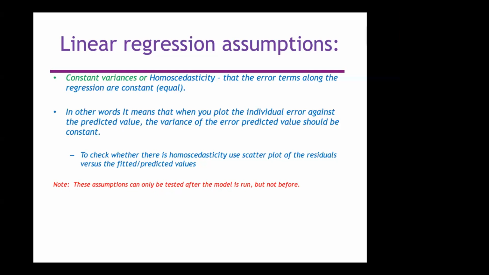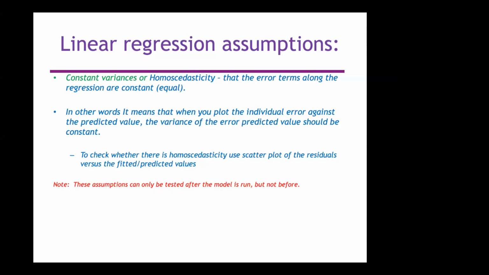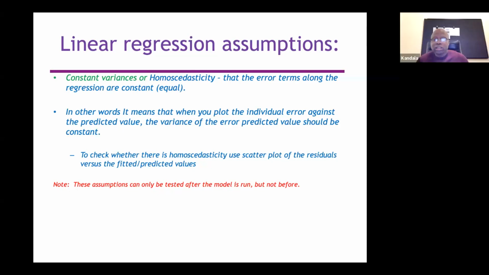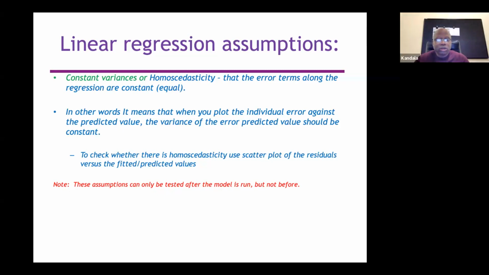To check this, you can also use a scatter plot of the residual versus the fitted predicted value. And this can only be done, as I said at the very beginning, when you have fitted the model. After fitting the model, then you can check these assumptions.